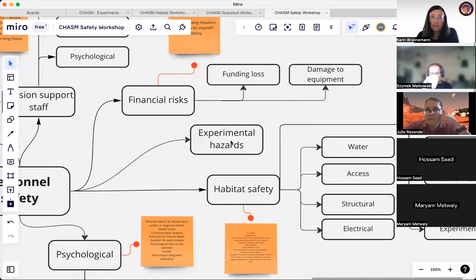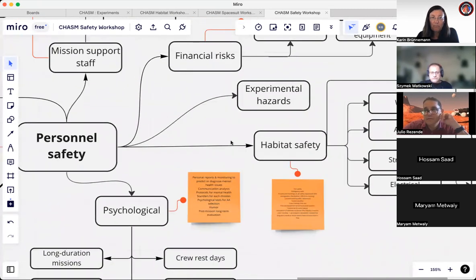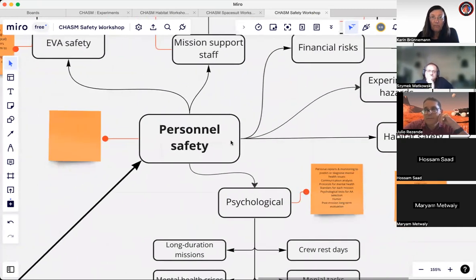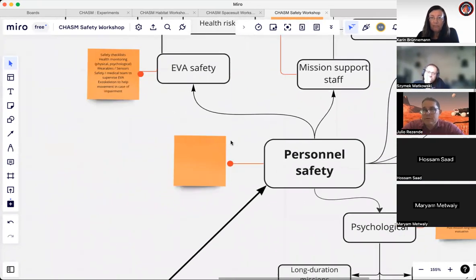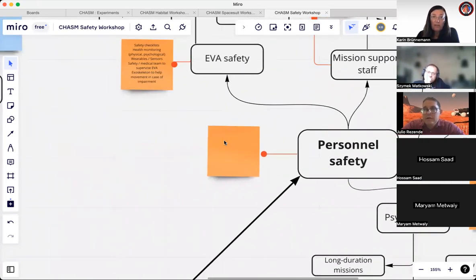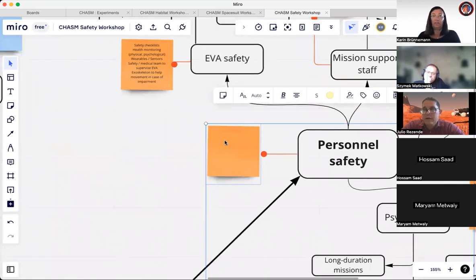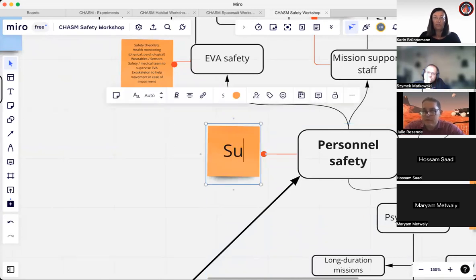Also, this is connected. One of the safety issues is how to save resources, because sometimes there would be not good behavior in terms of water consumption, or if it's an off-grid environment, maybe if the energy is not well consumed, maybe the batteries will collapse.